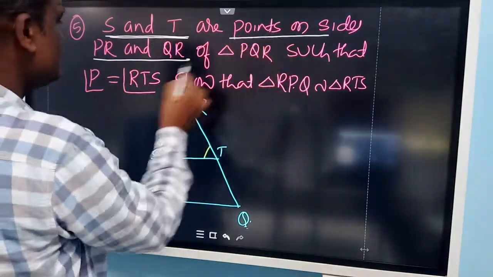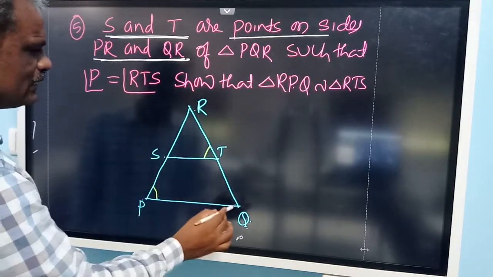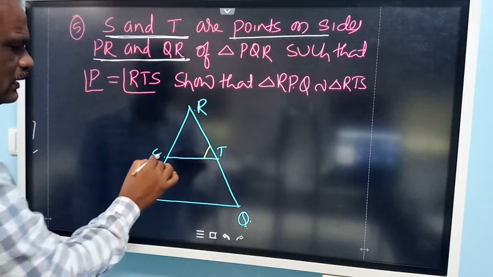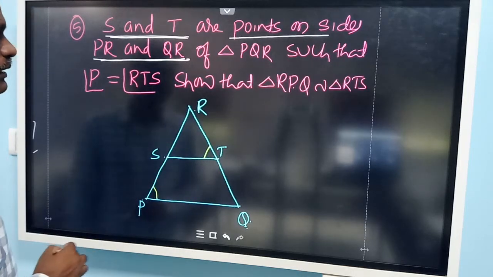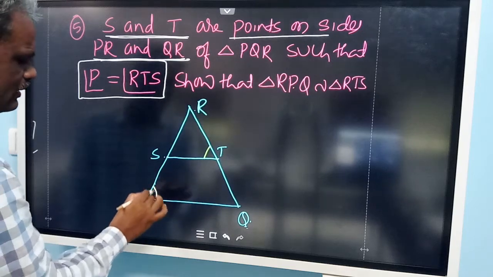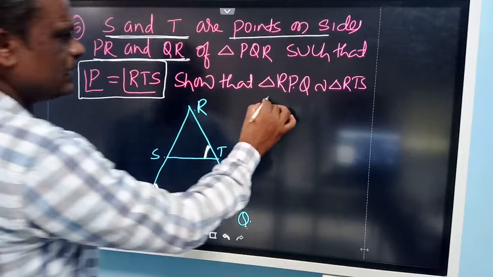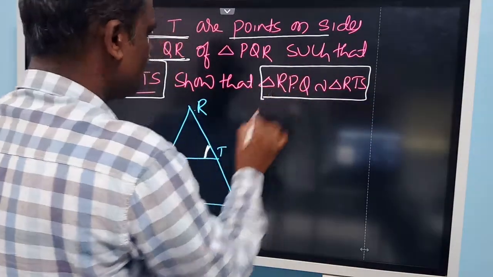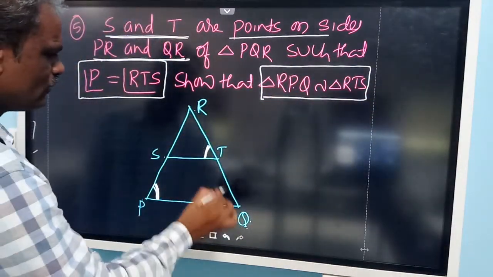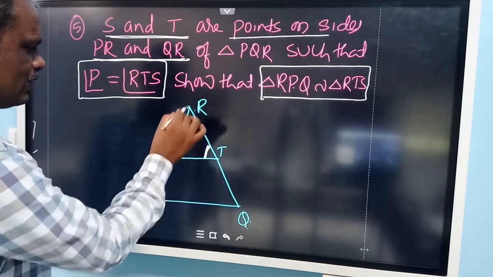On PR I have taken S, on QR I have taken point T and joined S and T such that angle P is equal to angle RTS. Show that triangle RPQ is similar to triangle RTS.